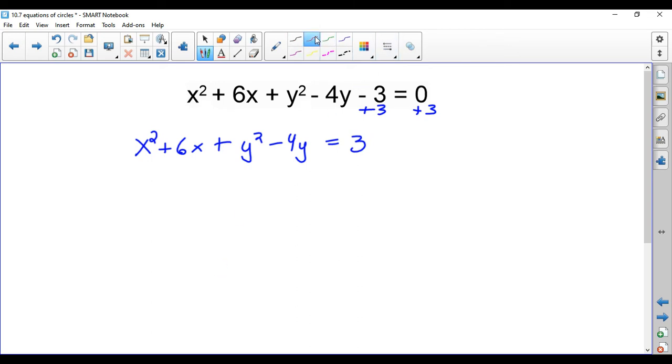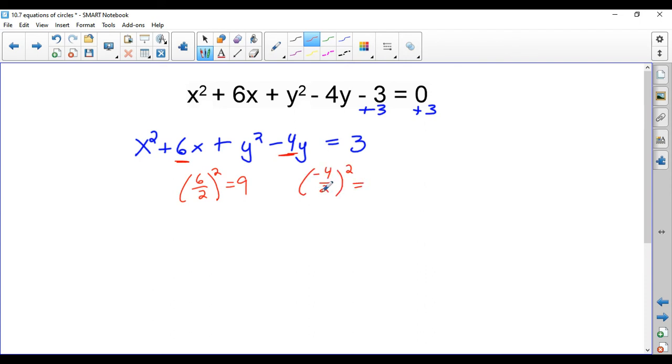Now we're going to complete the square. When you complete the square, you look at the coefficient of the variable, 6 for 6x. You take that number, divide it by 2, and square it. 6 over 2 is 3. 3 squared is 9. I'm going to do the same thing for the coefficient of y. It's negative 4. Take the negative 4, divide it by 2, and square it.